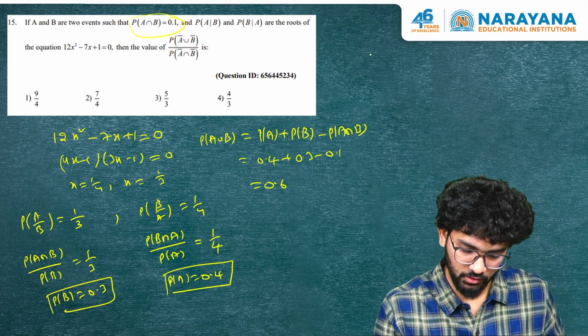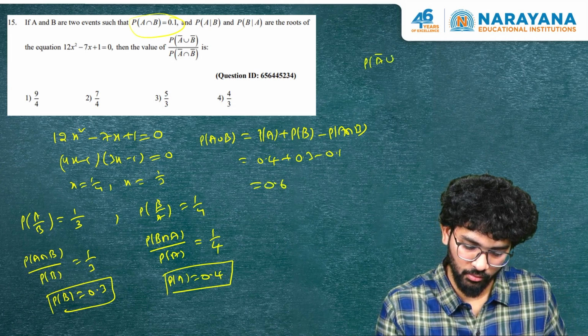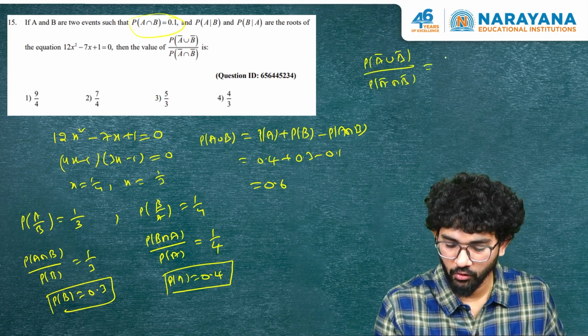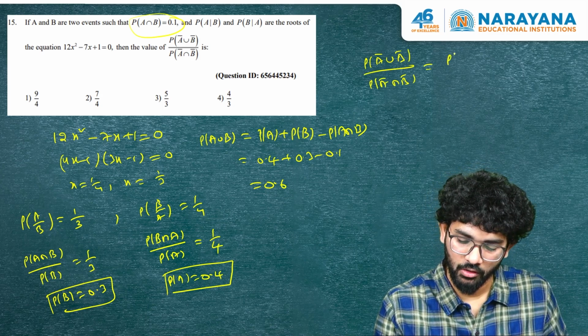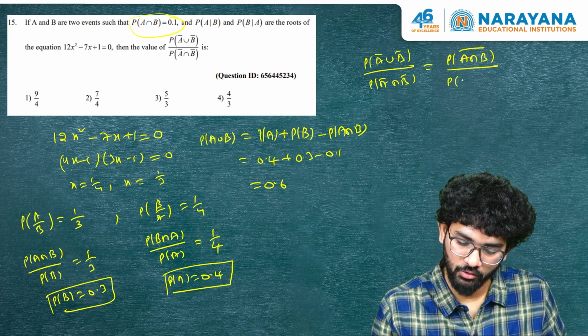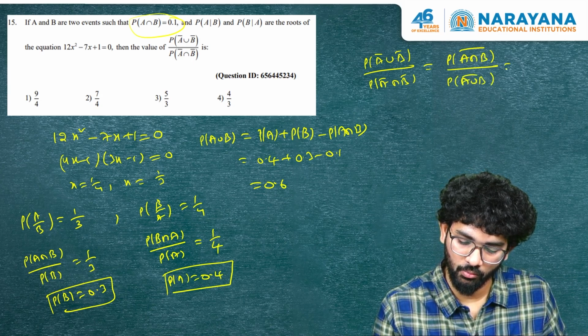Now he is asking us to find P of A complement union B complement divided by P of A complement intersection B complement. If I use De Morgan's law, P of A complement union B complement will be P of A intersection B whole complement, and this will be P of A union B whole complement.